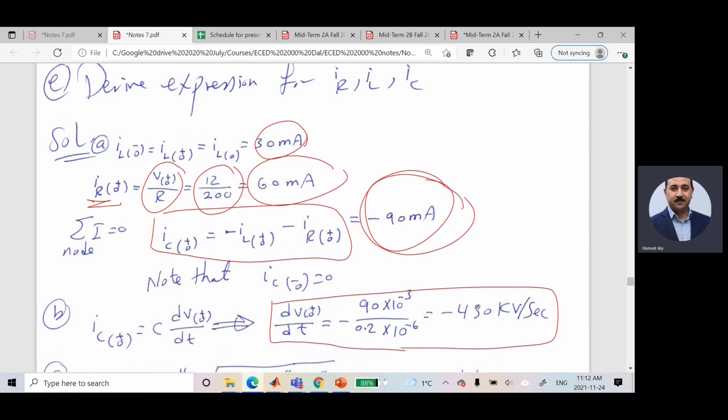If you calculate this, it will give you negative 450 kilovolt per second, because this is dV by dt, the unit will be volt per second. Any question for that?